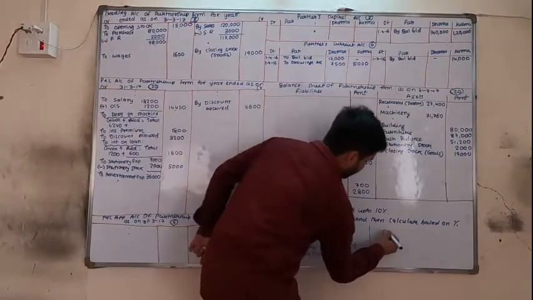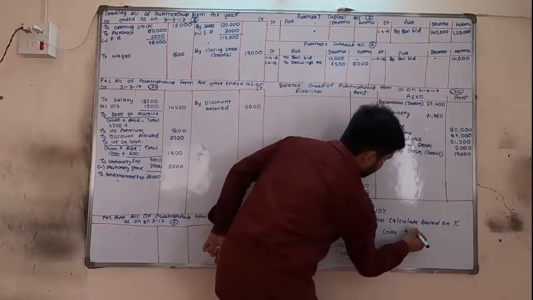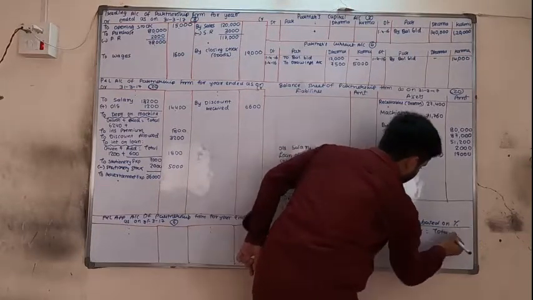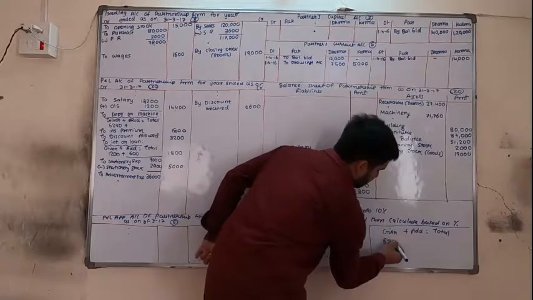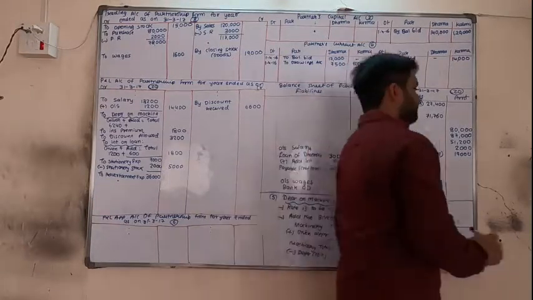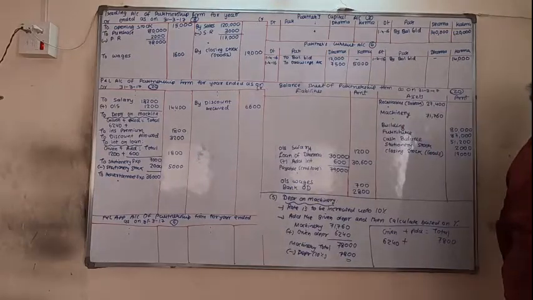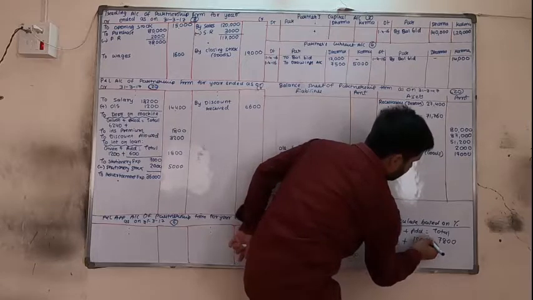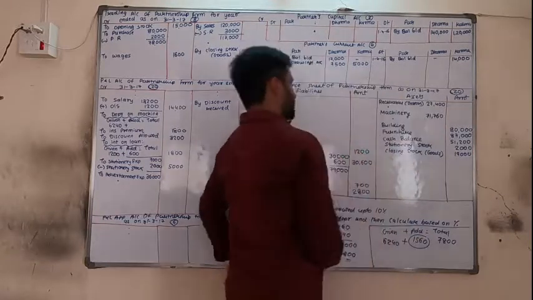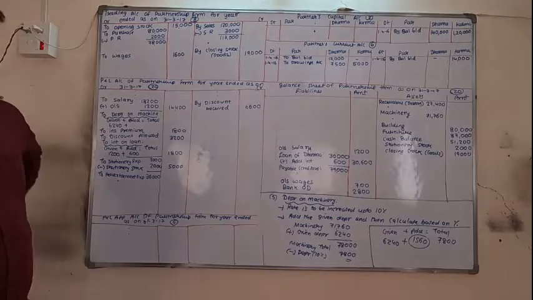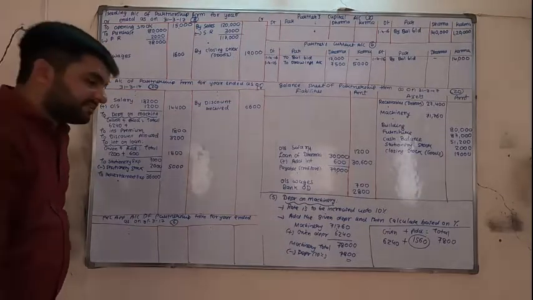Now write here: given plus additional is equal to total. Given is 6,240, total is 7,800, so additional is 1,560. Additional depreciation is 1,560. So in this way, this is the method to calculate the additional depreciation.